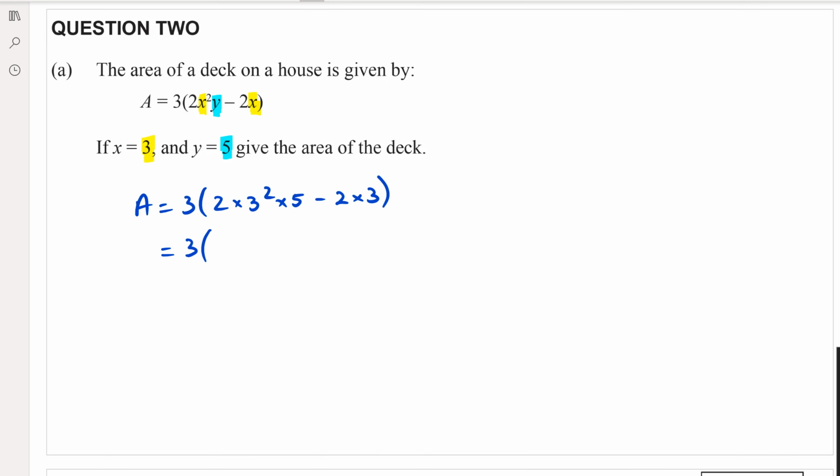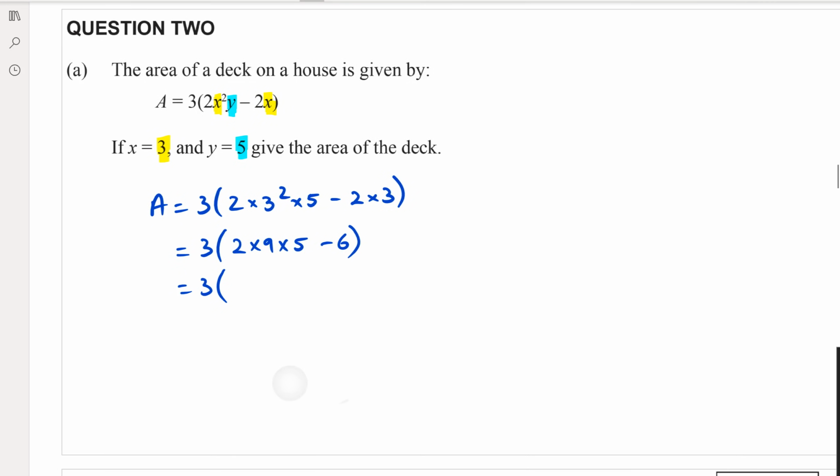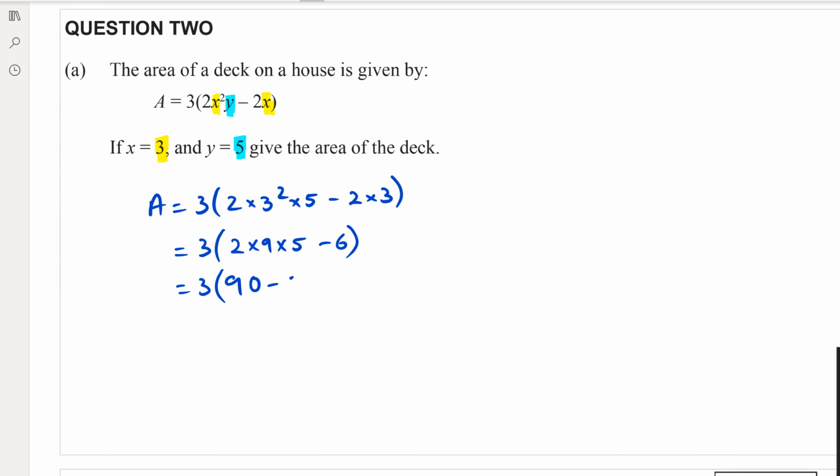Simplifying this, I've got 3 times 2 times 9 times 5 minus 6. 18 times 5 is 90, minus 6 is 84, and then you get an answer of 252.